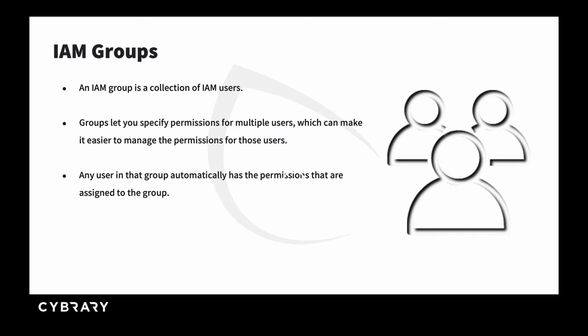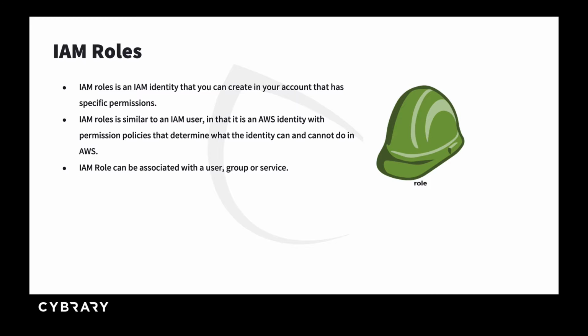IAM users in a group automatically have the permissions that are assigned to the group. So an IAM role is an identity that you create in your account that has specific permissions. IAM roles are similar to an IAM user as they have permissions that determine what the identity can and cannot do in AWS. But an IAM role can be associated with a user, a group, or a service.